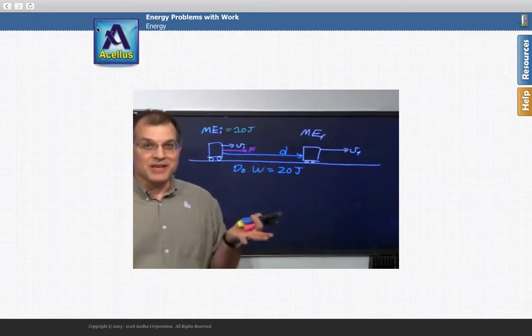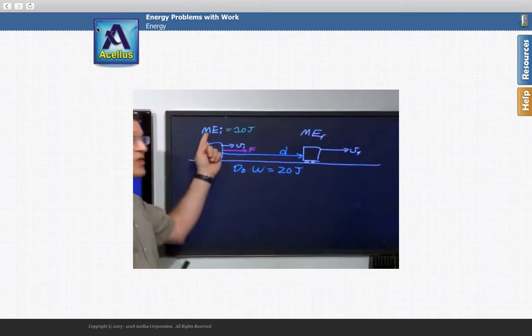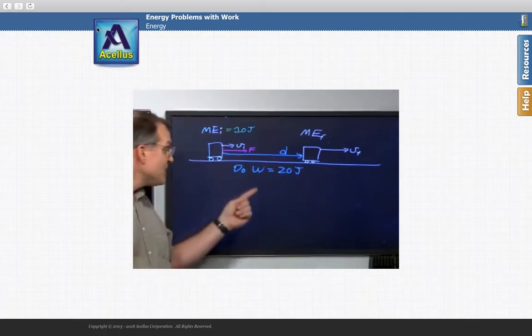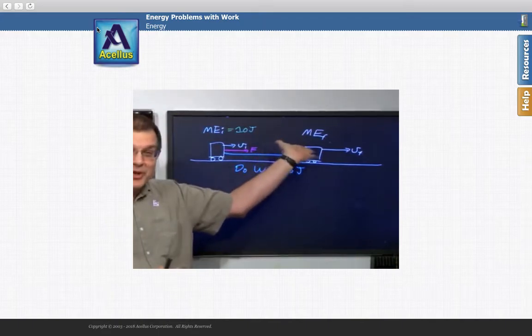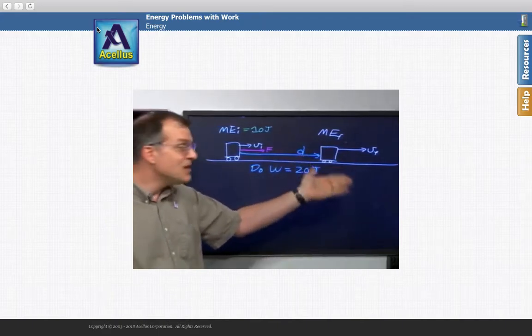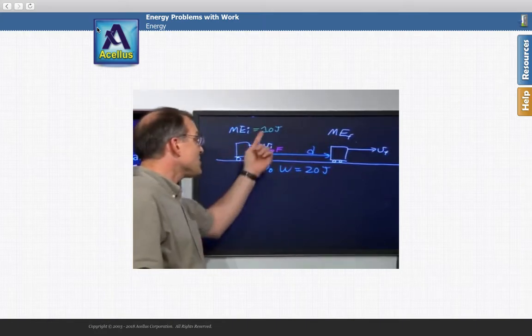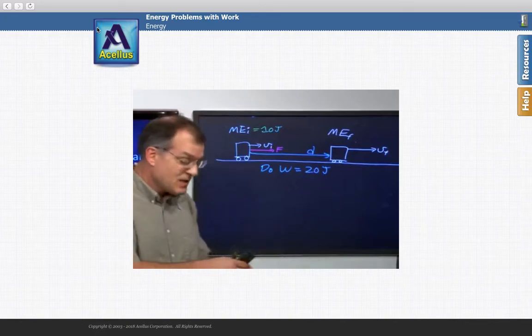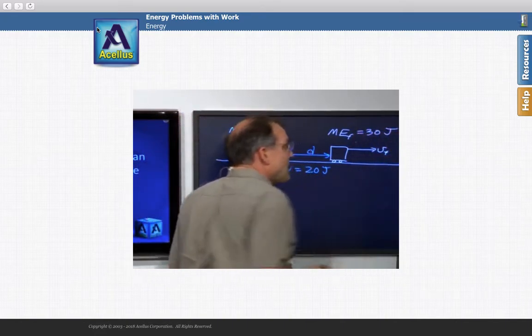And it's going to have some mechanical energy at the end. Now, it's not really that hard here. If you started with 10 joules and you did 20 joules of work, giving 20 joules of energy to the object, guess how much it ends up with? Well, it started with 10, you added 20, surprise, surprise, it ended up with 30 joules at the end.